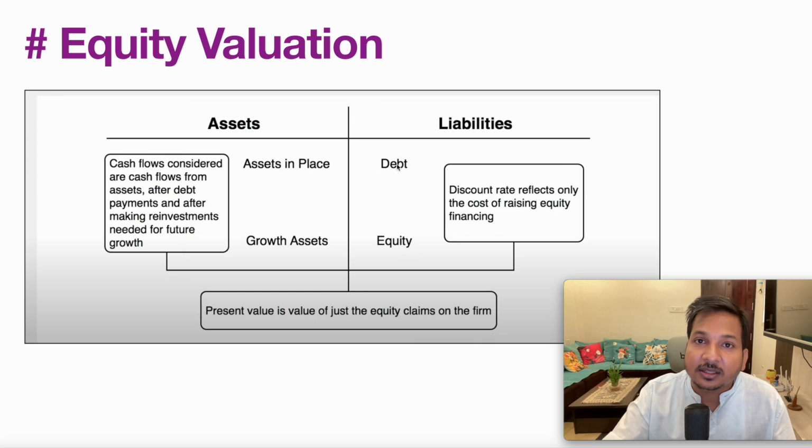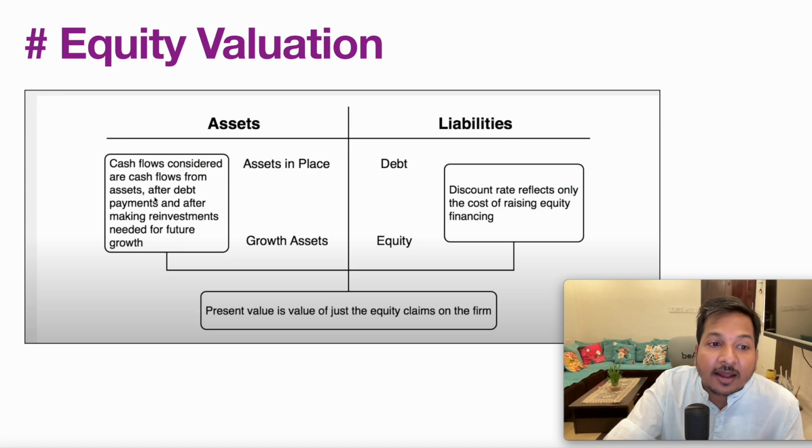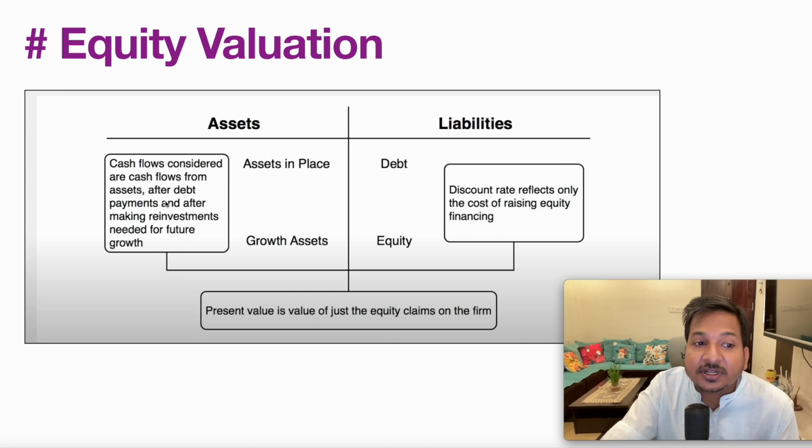The company has taken some money as debt, so it has to repay that loan principal amount as well as the interest amount. And equity holders get cash flow as dividends, or when the company liquidates, equity holders will get the money. So this is liability. So if you are valuing only the equity, you have to take the cash flow after debt payment and after making the reinvestment needed for future growth.